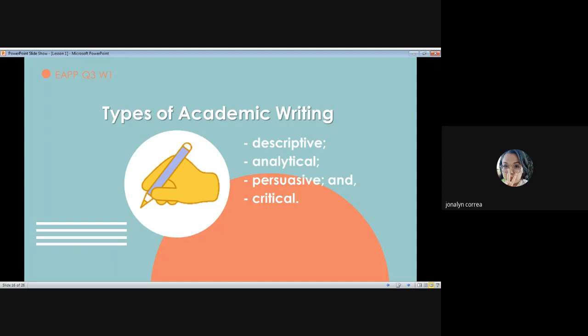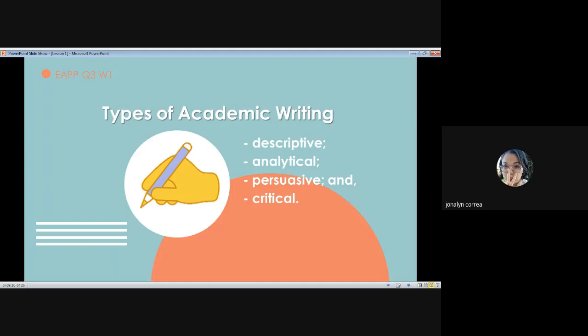And then next, the result section, near the end, will be mostly descriptive and at the same time analytical. Why? You report the data you have collected. So you describe the data and then you analyze the data. So there's a combination of the descriptive and the analytical types of writing.